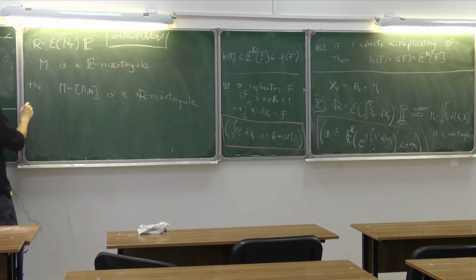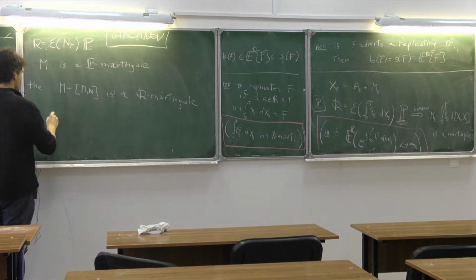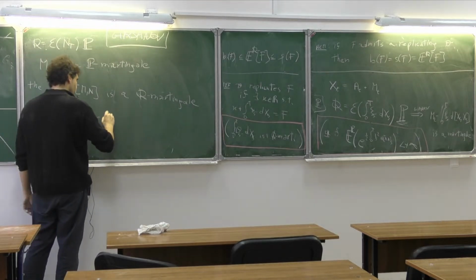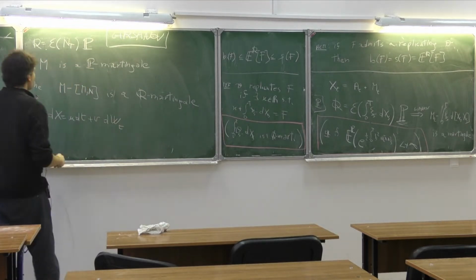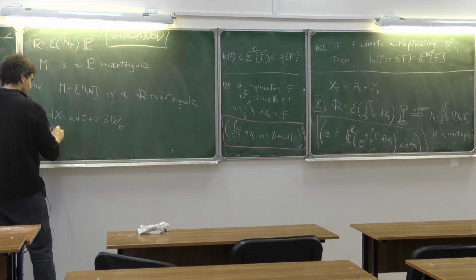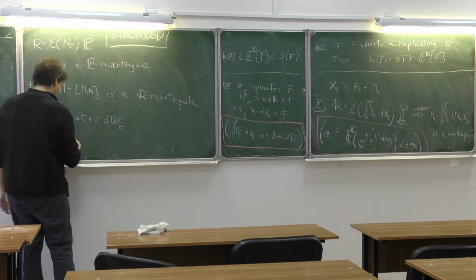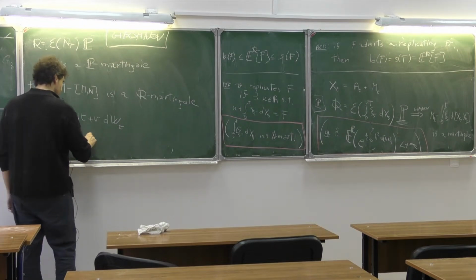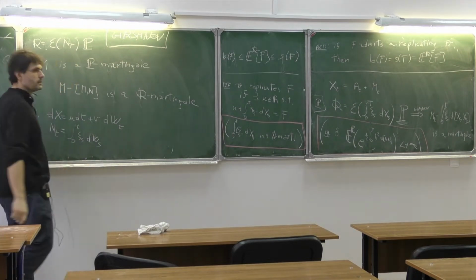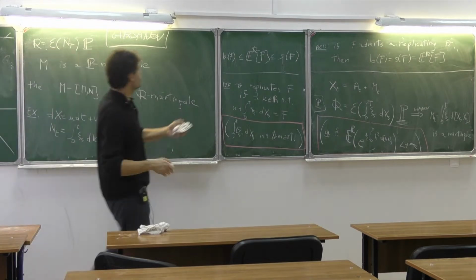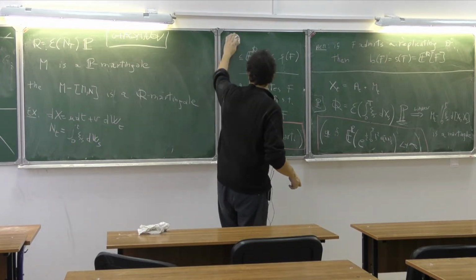The example to keep in mind is dX = u dt + v dW_t. We take N_t equal to the integral between 0 and t of c_s dW_s. Then W was a P martingale.